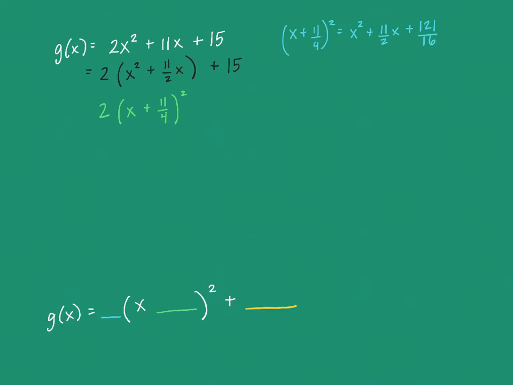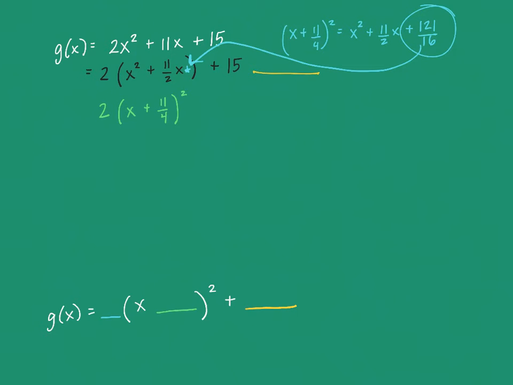Now, in this part of the problem up here, I don't have this 121 over 16. So technically what I need to do is add this 121 over 16 within that parentheses. But if I add it within this parentheses and I don't want to change the problem, that means I'm going to have to subtract it over here with the 15.